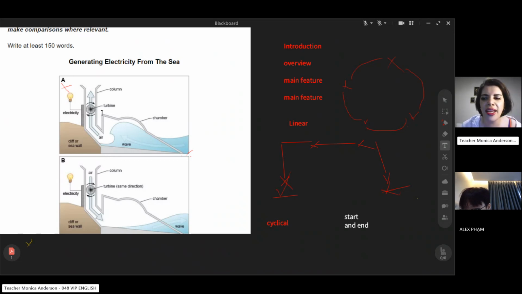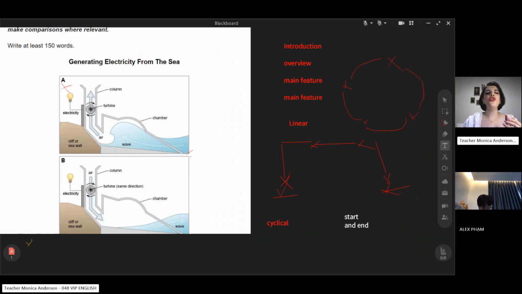In stage 1, diagram A, as you can see, electricity is generated as the wave flows into the structure. And in B, electricity is also created as the receding wave draws back down the column. So 2 stages, and then we will write about it.